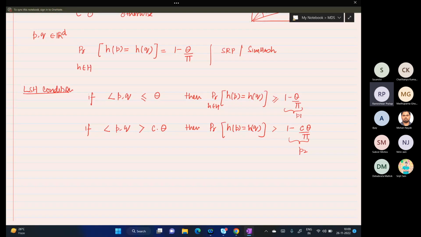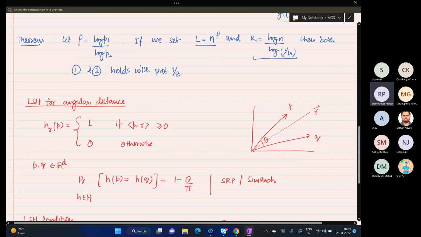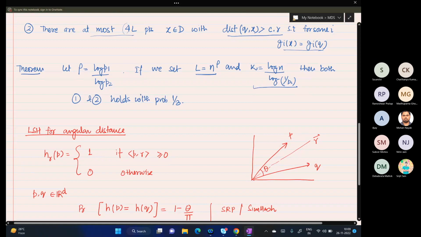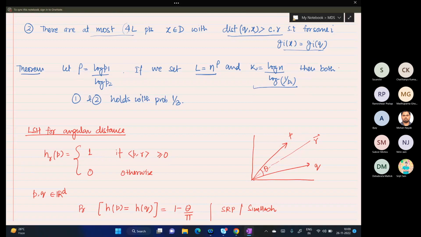Okay, so what is the value of rho? So essentially, if we see this theorem carefully, this is the parameter rho, and in a way, this rho gives a trade-off between query time and size of the hash table.